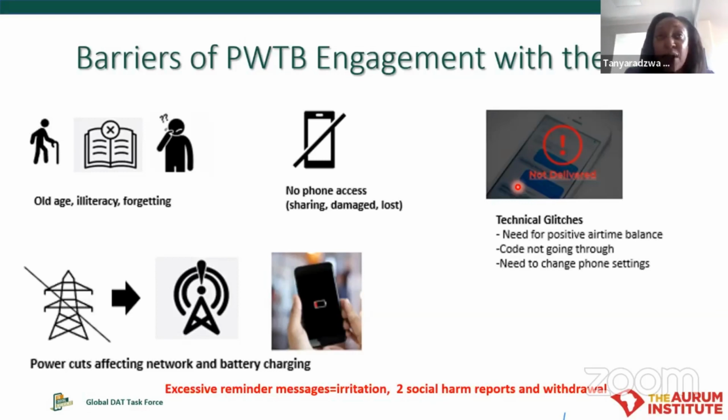There were some social harm reports which happened because of this, receiving excessive reminder messages, up to the extent that there was unintended disclosure. As a result, there was also higher withdrawal of participants amongst the label users as compared to the smart pill box users.